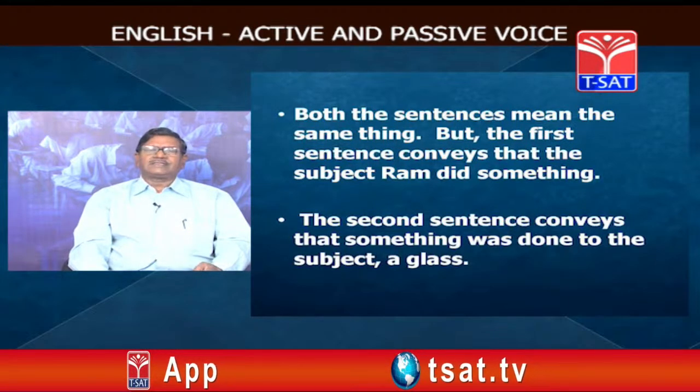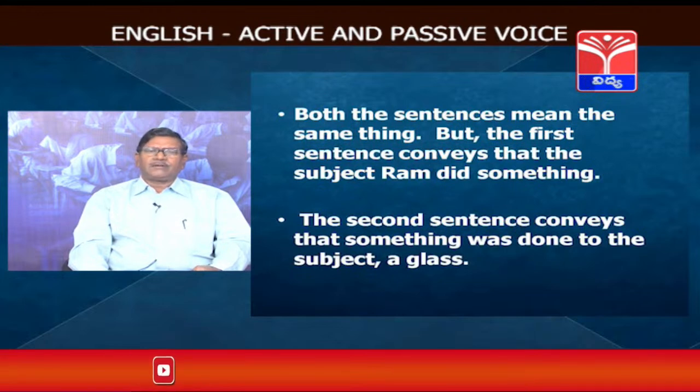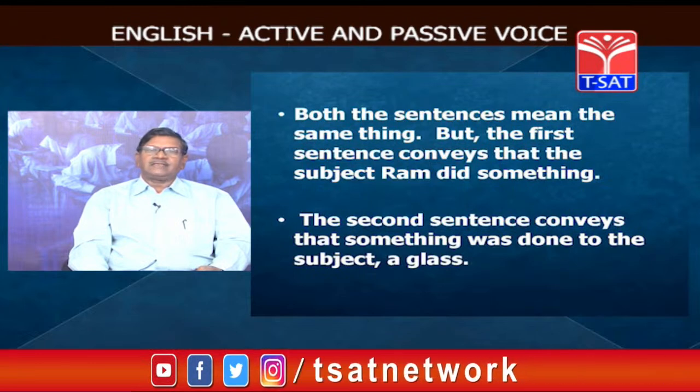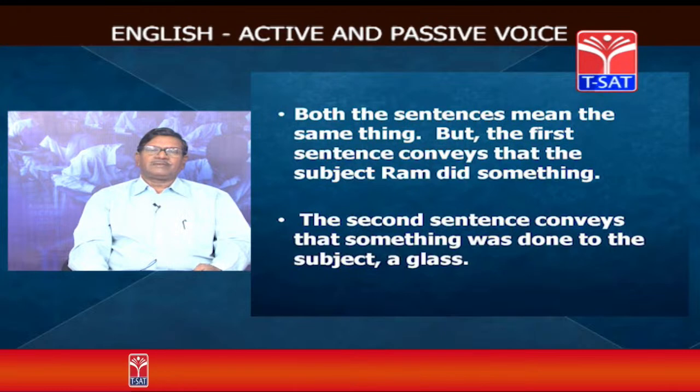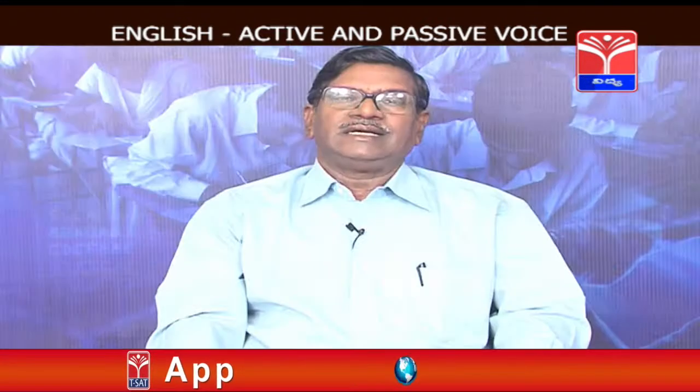In the first sentence, the subject is Ram and glass is the object. In the second sentence, glass is the subject. And what is the part played by Ram? It is the object of the preposition by. Ram is the object of the preposition by.